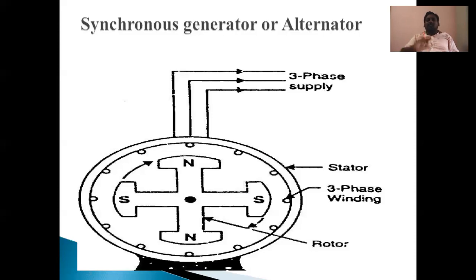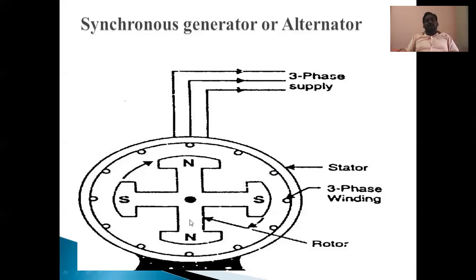That's why this flux becomes a revolving magnetic flux, or this field is called a revolving field. When this revolving magnetic flux interacts with the stationary armature conductors or winding, the conductor cuts the revolving flux. Then there is a relative motion. That's why EMF is induced in the stator winding.